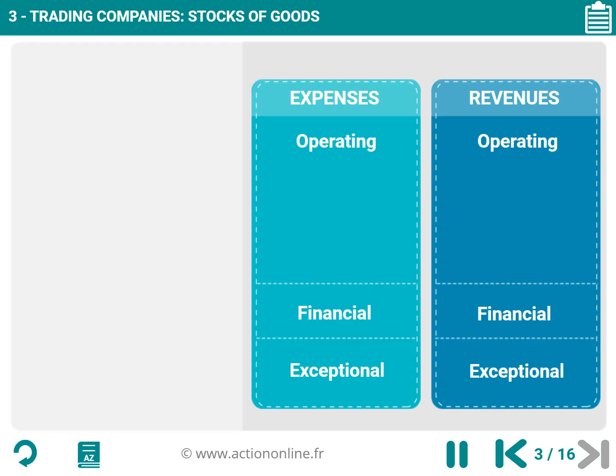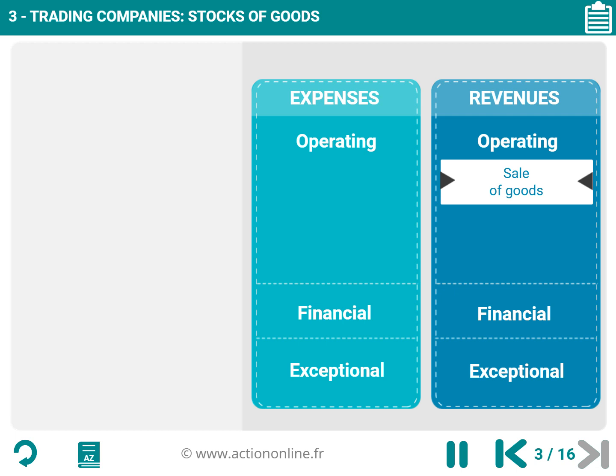Let's start with the stocks of goods purchased for resale held by a trading company. The company records sales of goods purchased for resale as revenue in its income statement. We need to be able to compare this revenue to the related expenses.